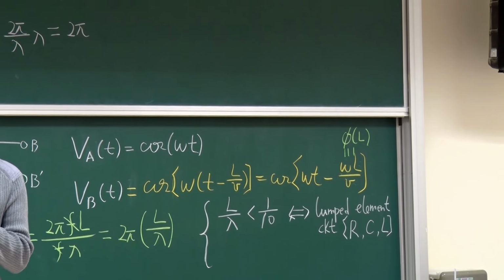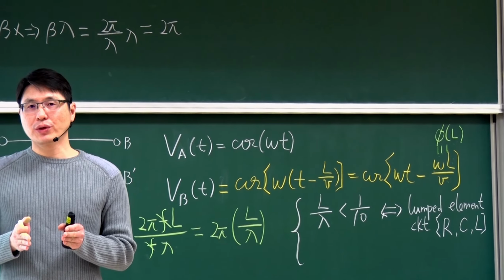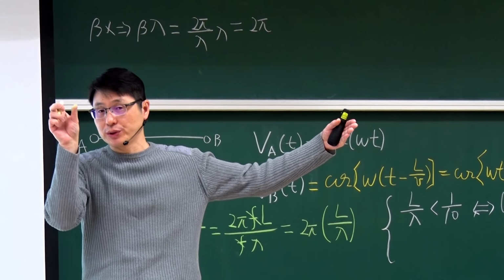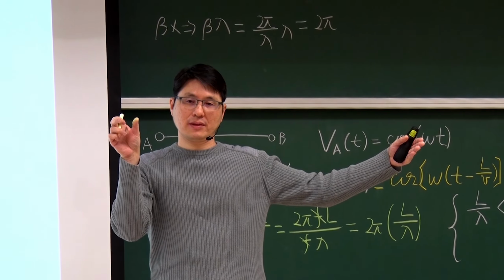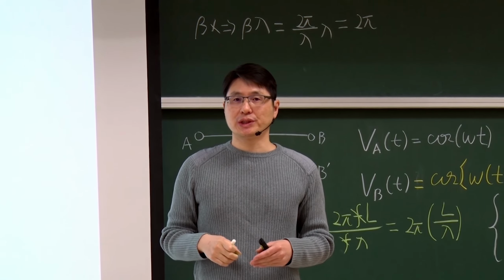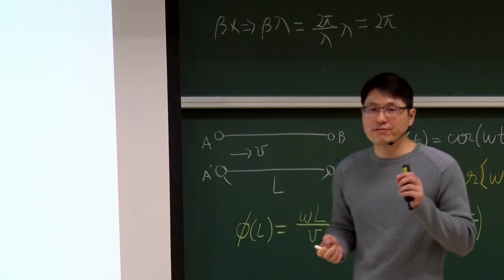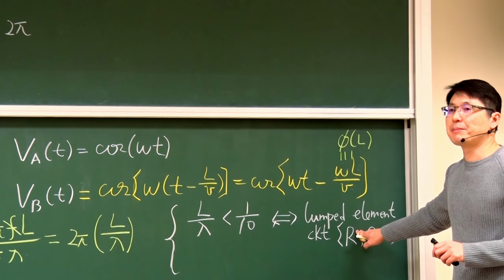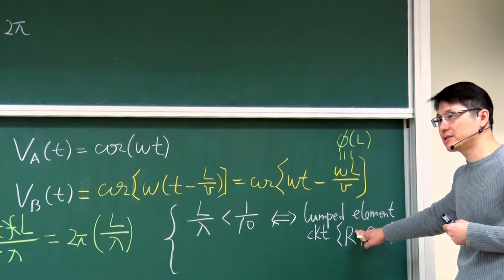The lumped element circuit are effective when your operational wavelength is very long as compared to your device dimension. So in that situation, every position on the element can be treated to have the same voltage and the same current. So voltage and current in this assumption can be viewed as a constant across the entire element.